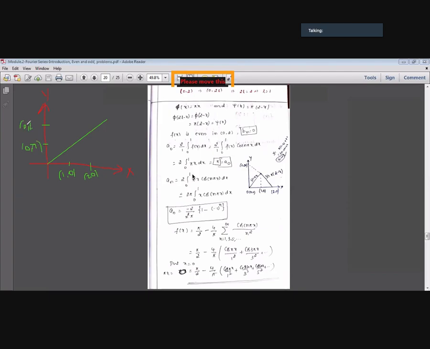Okay. Now, one more graph we need to find: y equal to pi into 2 minus x. Put x equal to 0. If you put x equal to 0, what happens to y? y equal to 2 pi.